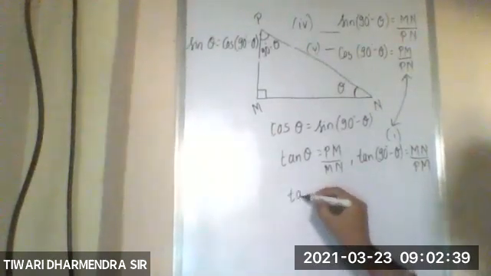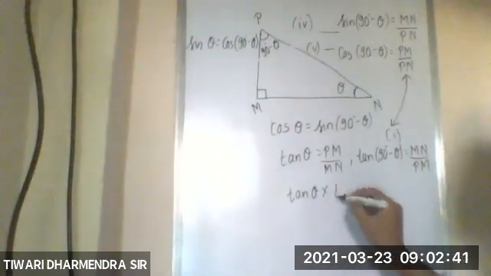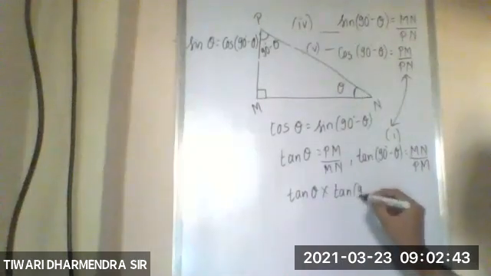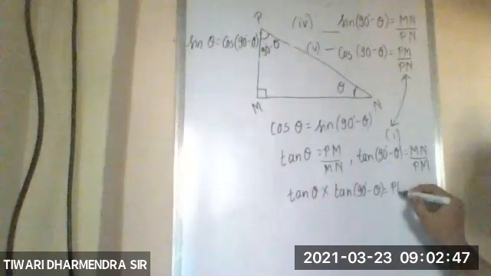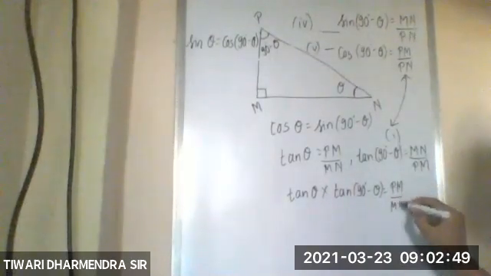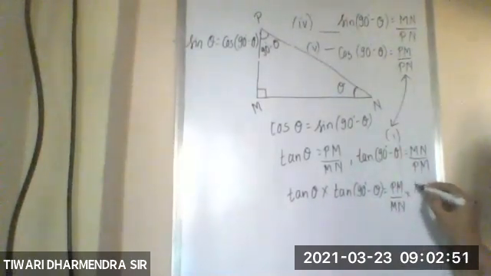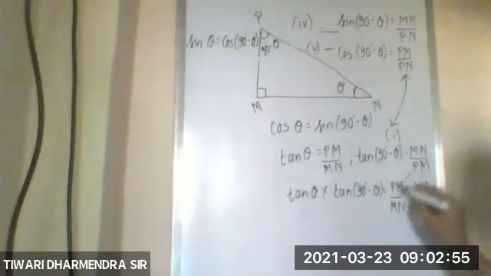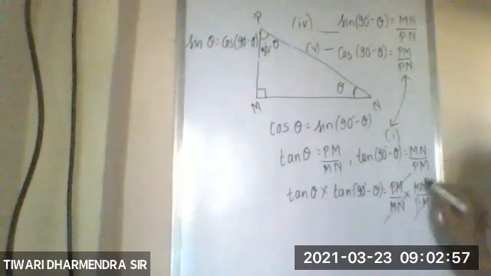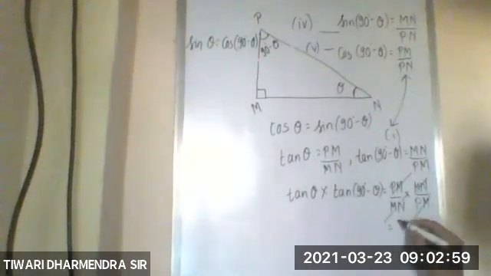So tan theta into tan 90 minus theta is Pm upon Mn into Mn upon Pm. Pm gets cancelled, Mn gets cancelled. What remains? 1.